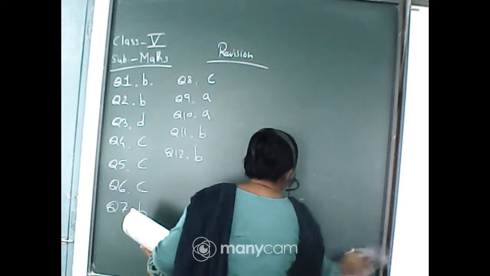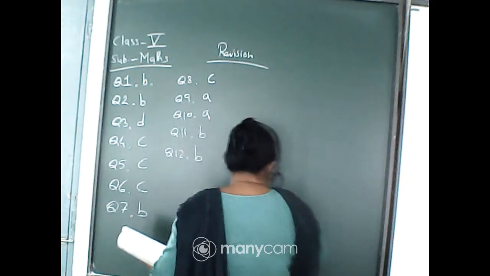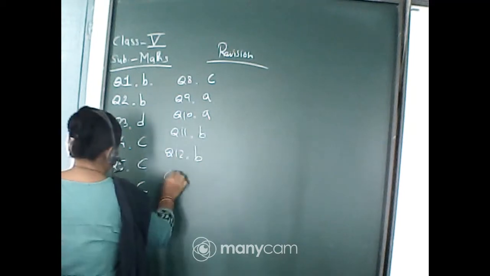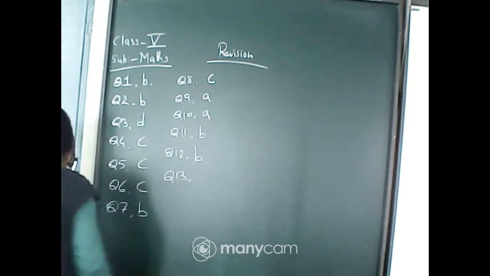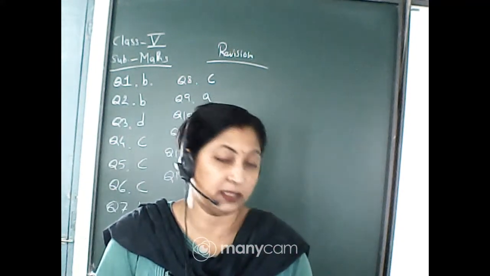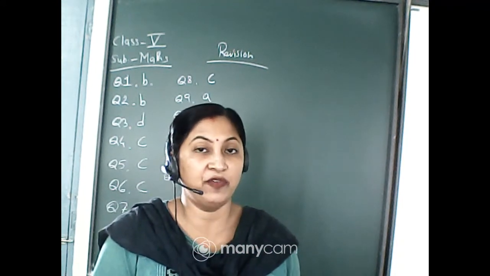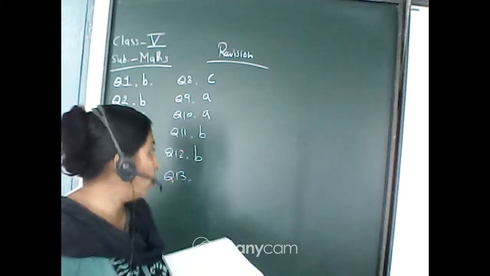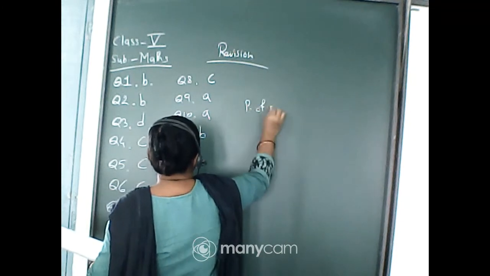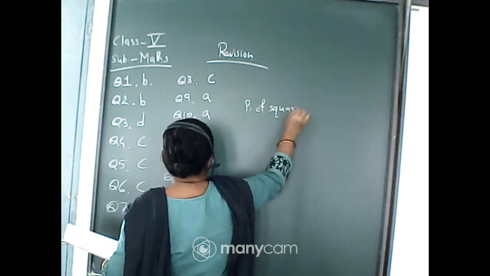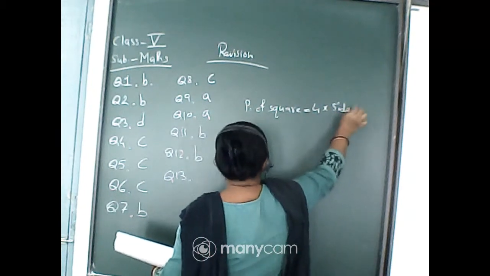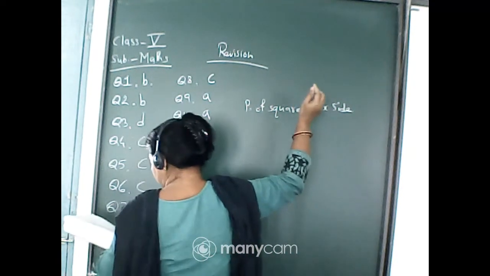Now come to question number 13. The perimeter of a square is 84 centimeter. Its area is. Now perimeter of a square is given, you have to find the area. So as you know, perimeter of square is equal to 4 into side, and perimeter is given 84.